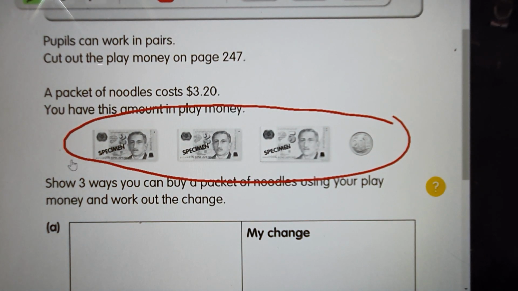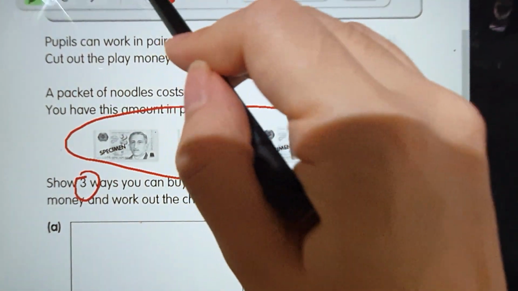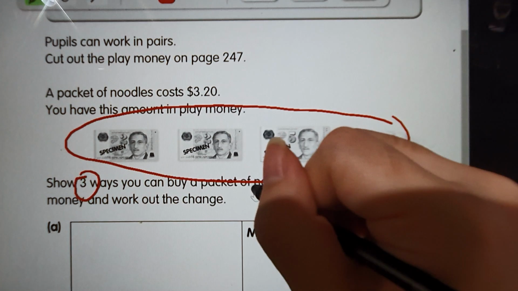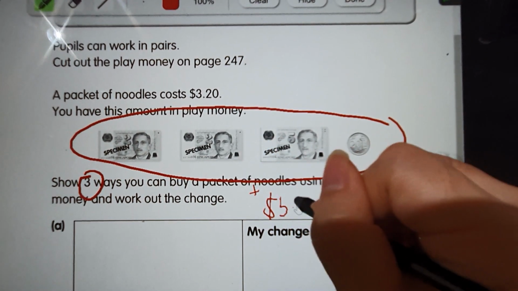I want you to show 3 ways you can buy the packet of noodles, which costs $3.20.